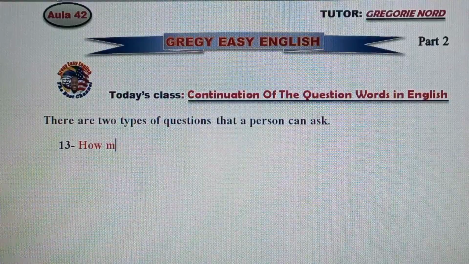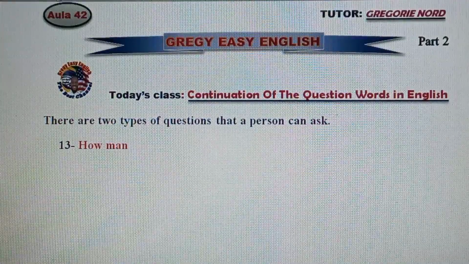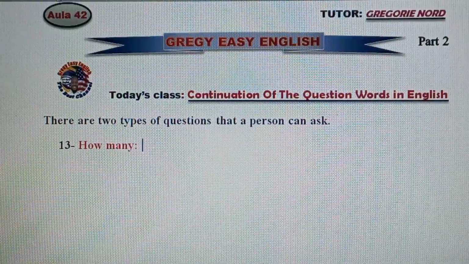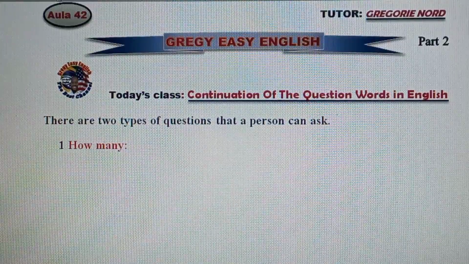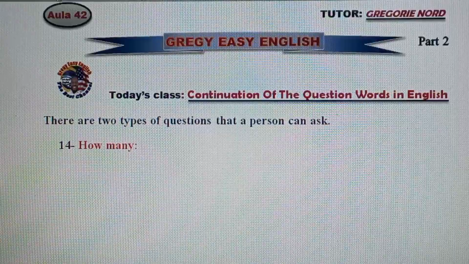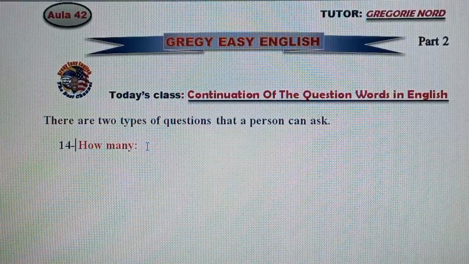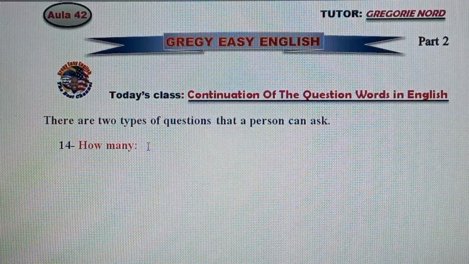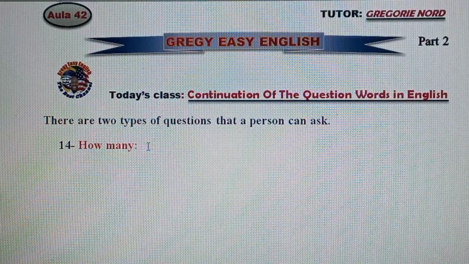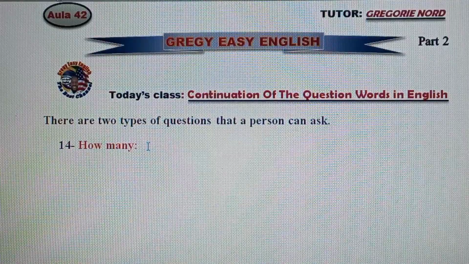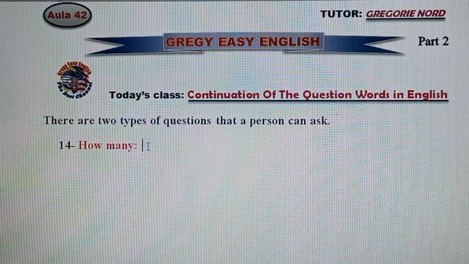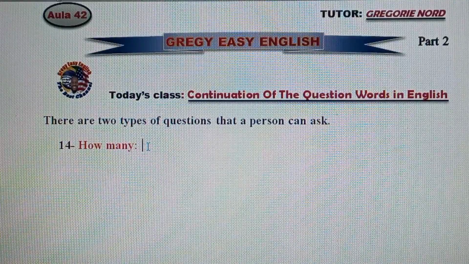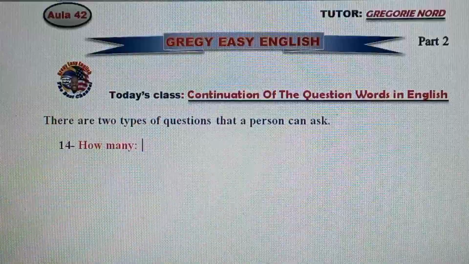Okay, guys, we have the question word how many, which is the last question word.